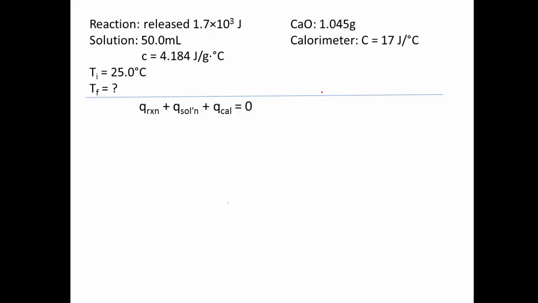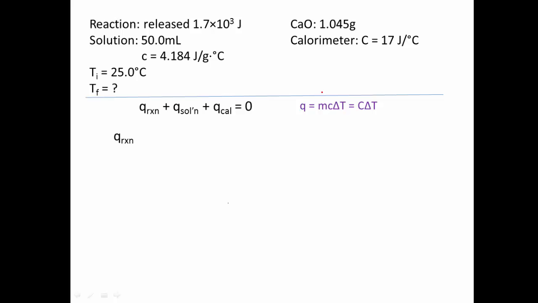Once we have our Q terms added up to equal 0, now we're going to try and substitute in. When we substitute in, we are going to be substituting in either MC delta T or C delta T. Let's take this one Q term at a time. Our Q of reaction, as you may recall, you never substitute in for, so we're just going to rewrite that.